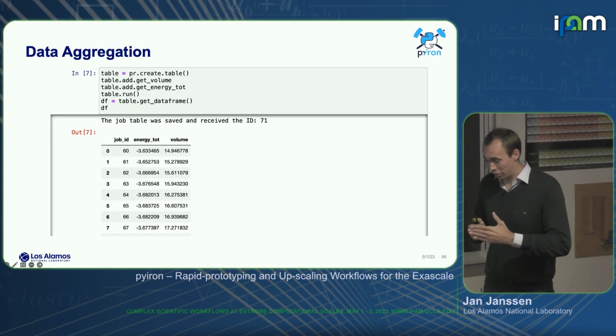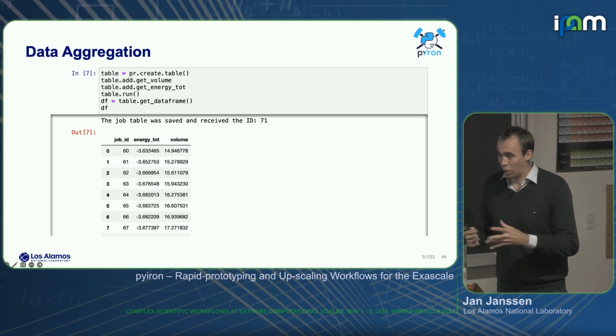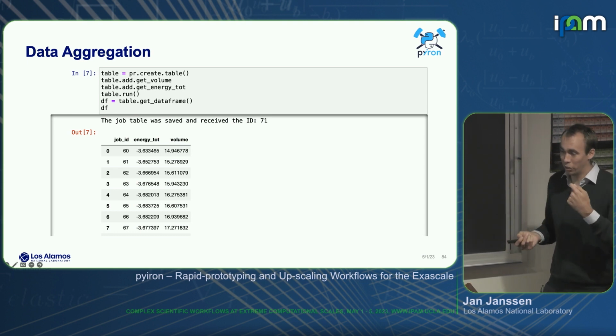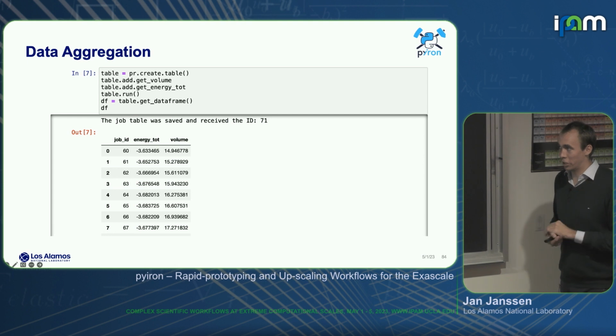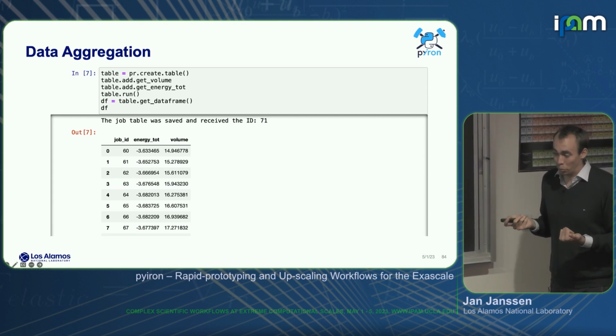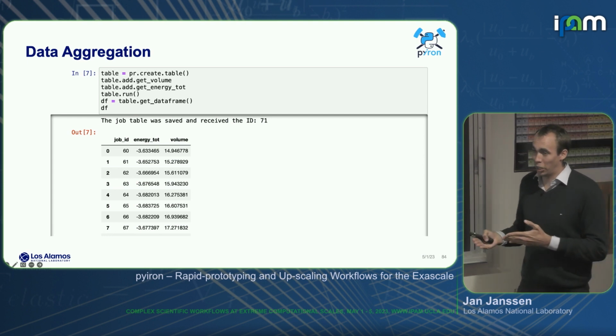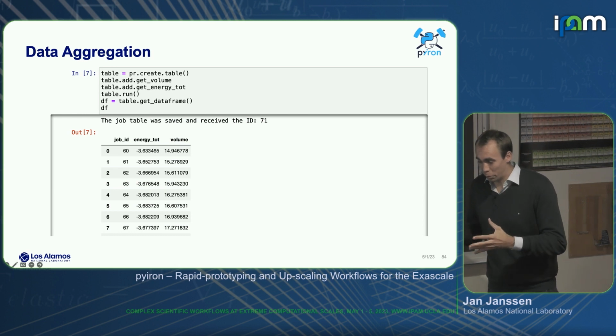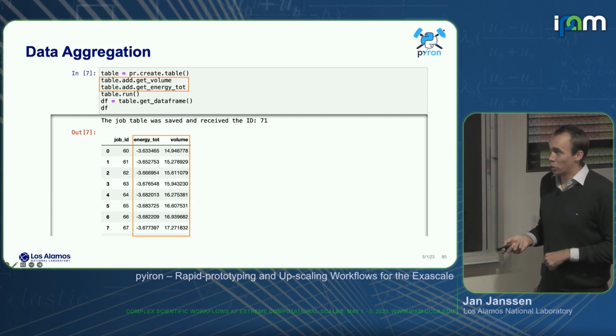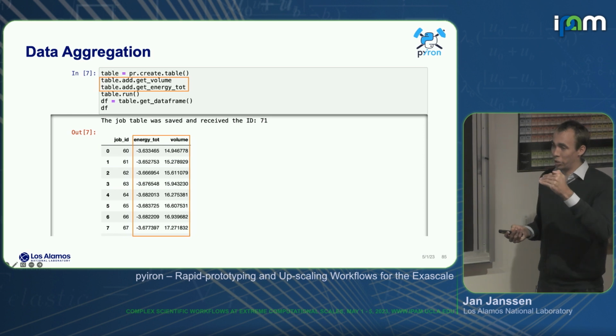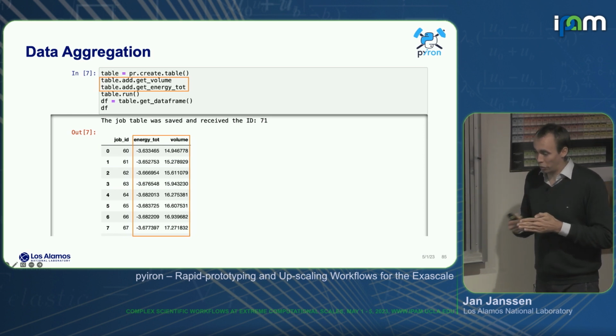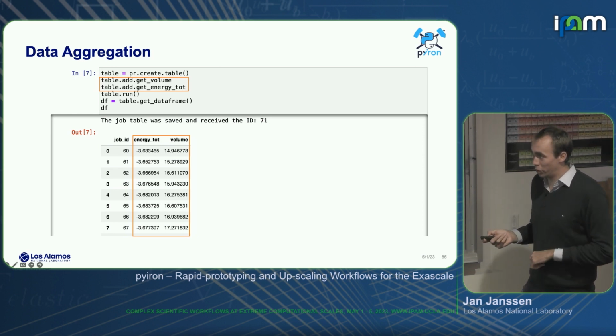Now coming to the later part of this loop, right? How can we aggregate the data? I showed we can iterate over the jobs and just extract single quantities. What we would more typically do is use a Pyiron table, which is basically inspired by the MapReduce pattern. So we define functions, and each of these functions is going to be applied on all of our calculations. There are certain functions predefined.